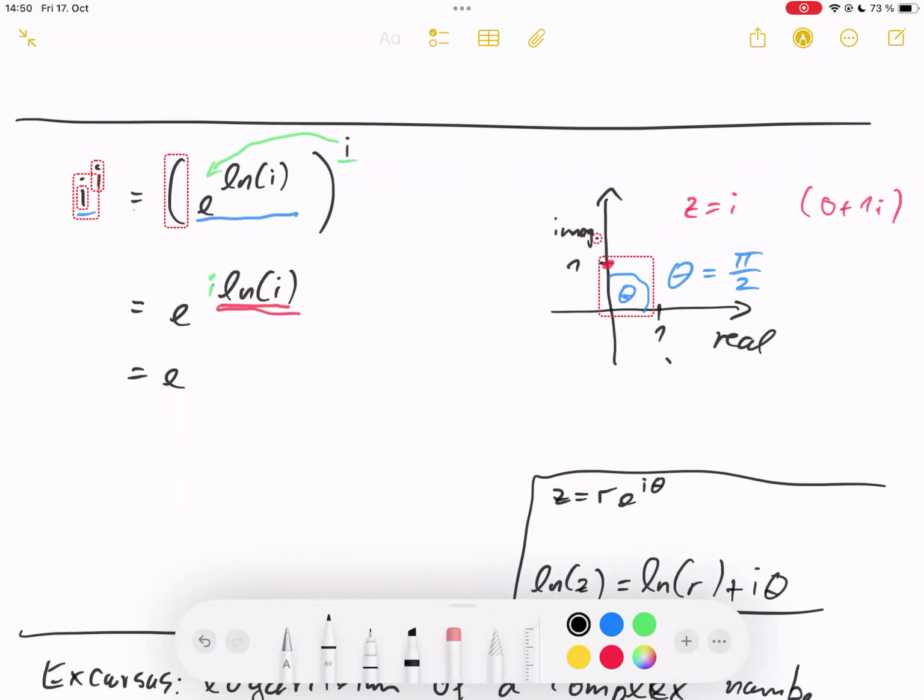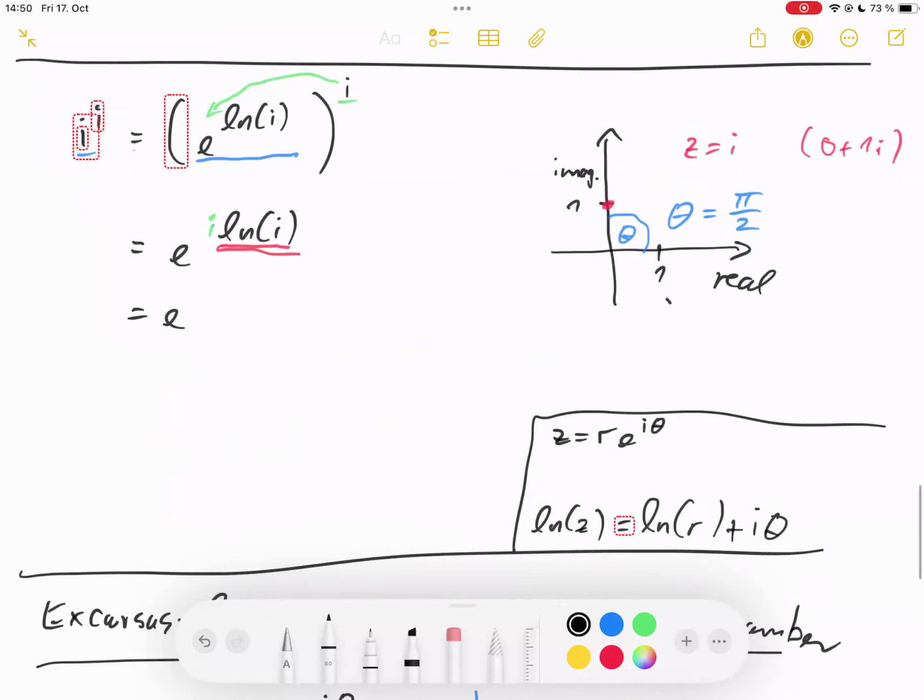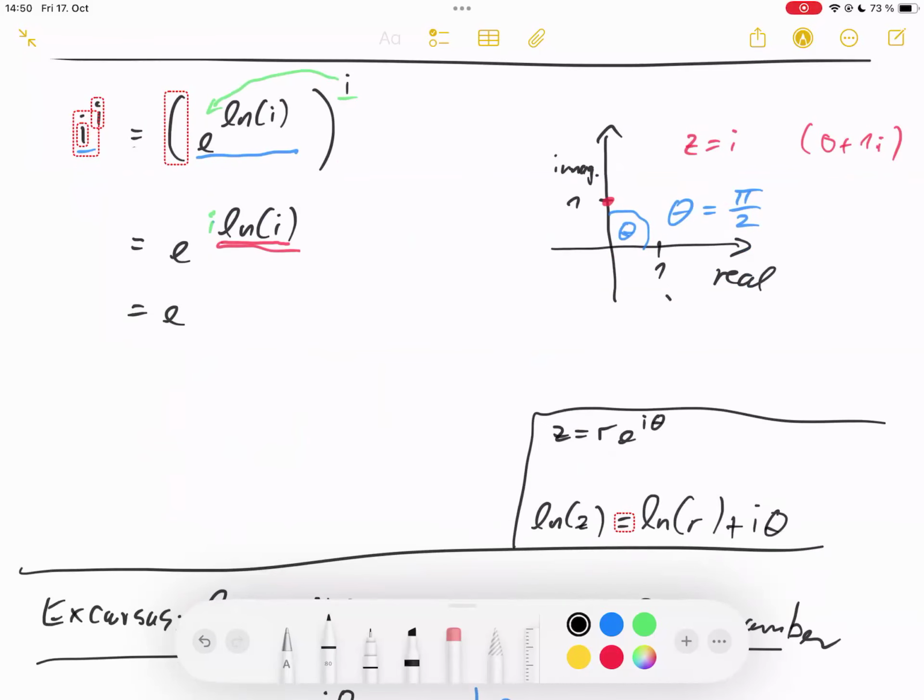Now, my i up here, this distance here, this r, is just 1. So let's plug all of this in. We have our i from before, and we have our ln of i.